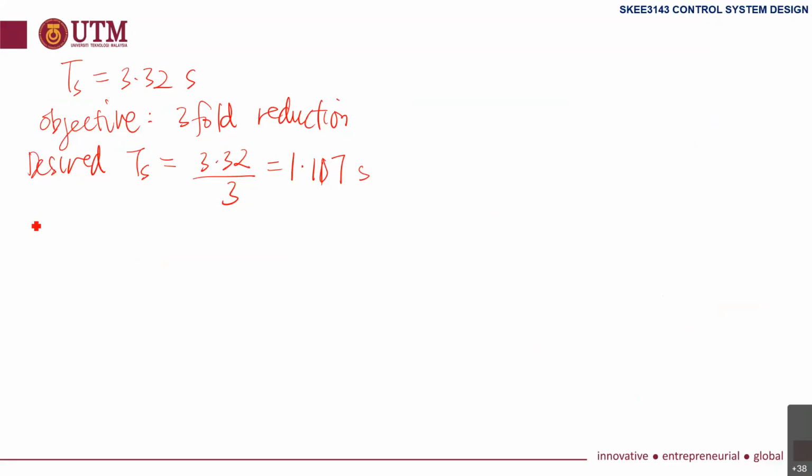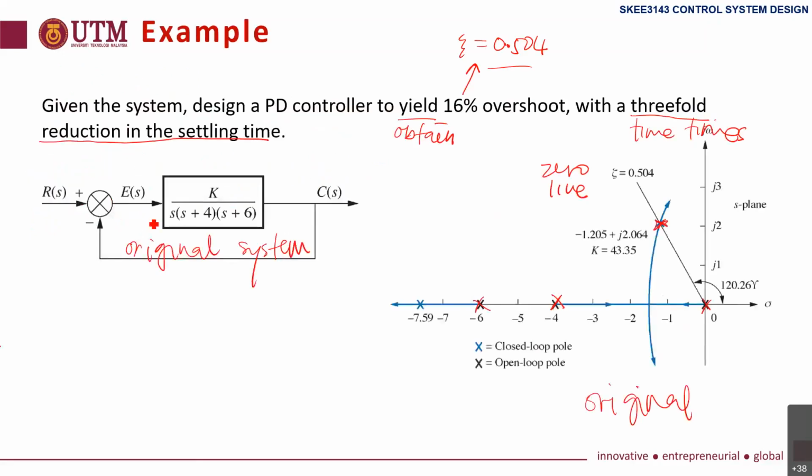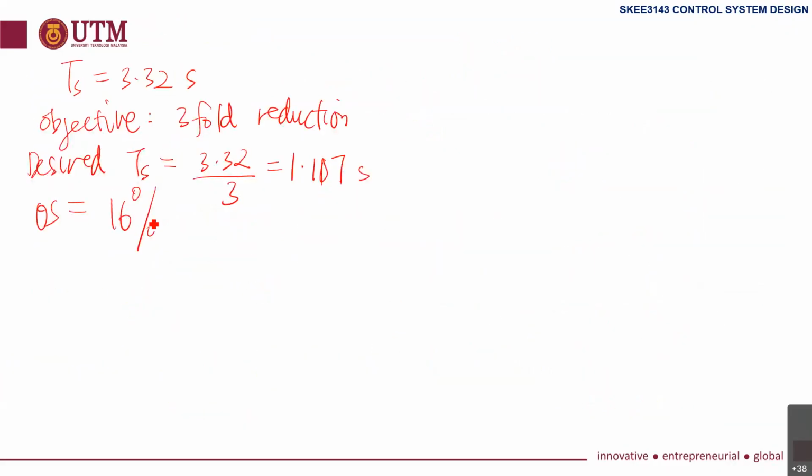And we want the overshoot at 16%. Overshoot means we maintain it from here. So 16% overshoot means zeta is 0.504.